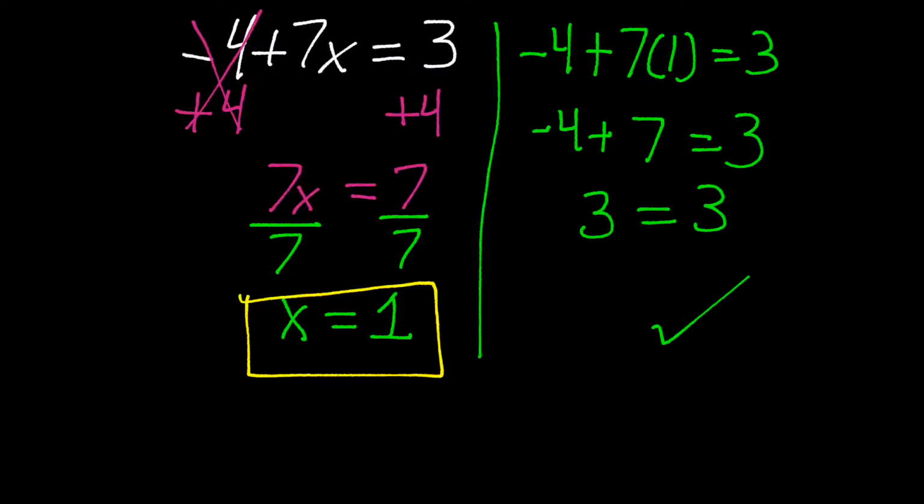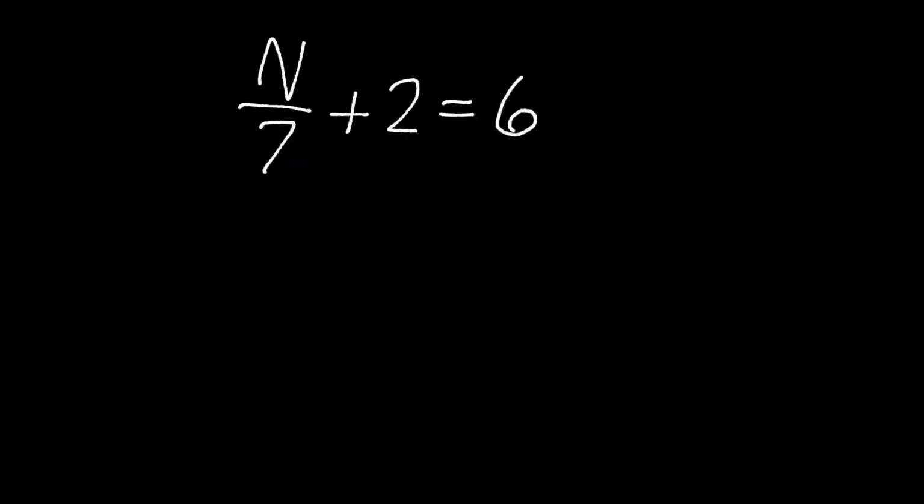Alright, let's try another example of a multiple step equation. For our second example here, we have n divided by 7 plus 2 equals 6. Notice we have division happening and we have addition happening. So, just like before, I need to get rid of my constant first.